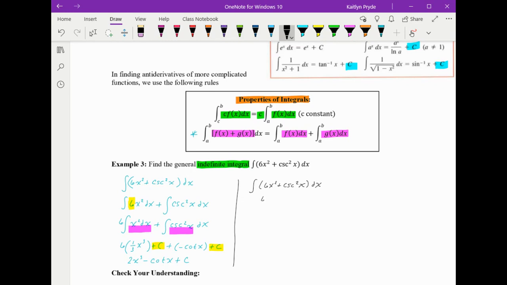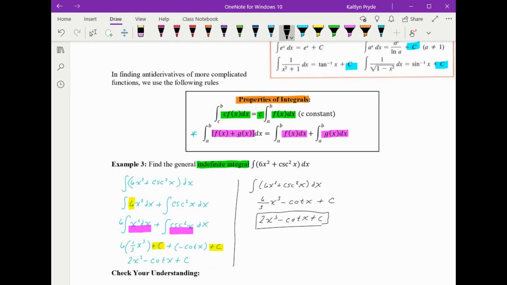So here's my 6. I have 2 plus 1 is 3, x cubed. I know the antiderivative of cosecant squared of x is negative cotangent of x. And then I just have plus c. So I have 2x cubed minus cotangent of x plus c. Again, I'm getting the exact same thing that I did, but in just a few less steps.